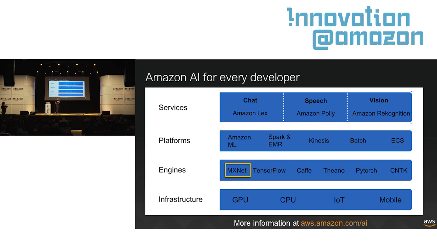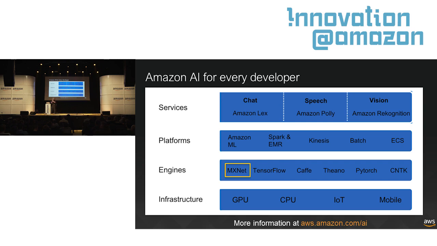We have Amazon EMR, which is our managed Hadoop ecosystem where you can run MapReduce jobs, Spark jobs, etc. Again, with very little work when it comes to infrastructure, and we have more services that are also typically involved in building machine learning applications or pipelines like Kinesis, Batch, or ECS if you want to run, for example, your training or your prediction jobs in Docker containers.